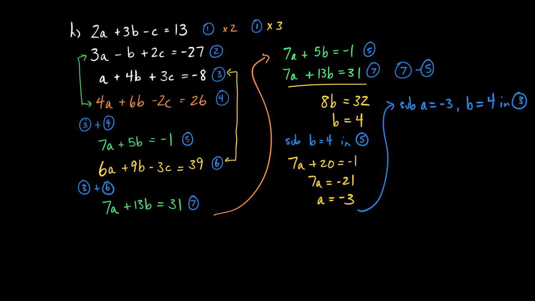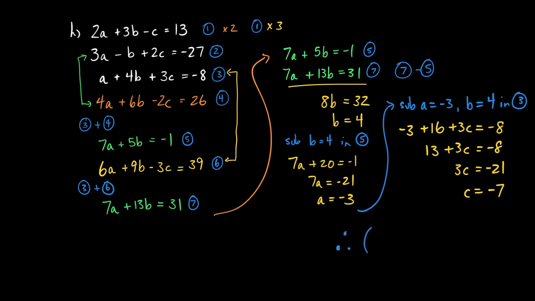If I sub all of that in, an a value of -3, a b value of 4, then I get my equation with just a c. I can clean that up pretty quickly, and we have solved our system. The only thing left to do is put it in alphabetical order. There's your a value, there is your b value, there is your c value, and we are done.